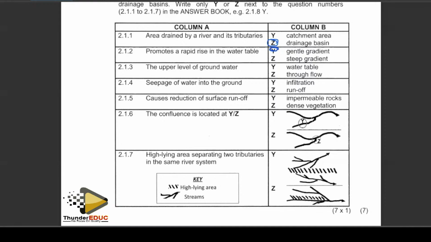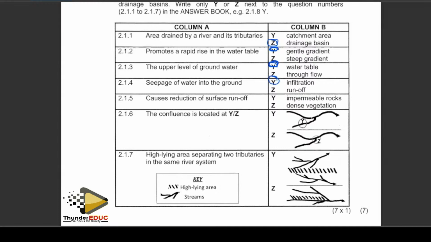A gentle gradient facilitates infiltration, which will add to groundwater storage, and the water table will rise. Upper level of groundwater, that is the water table, is the upper level of the zone of saturation. The upper level of groundwater, that's the water table. Then seepage of water into the ground is also why the correct response, infiltration.